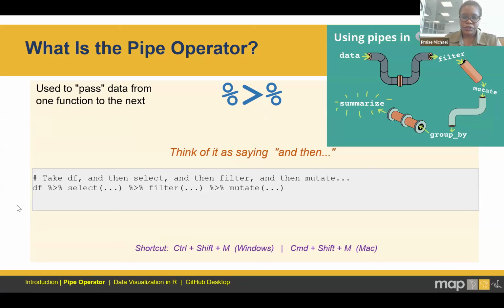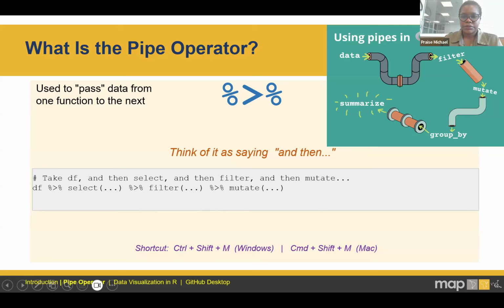What you're going to do is write the data, and then you keep the pipe operator. Next to it, you write your select function, and then again, you keep the pipe operator, you filter your data, and proceed with the other things that you want to work on.